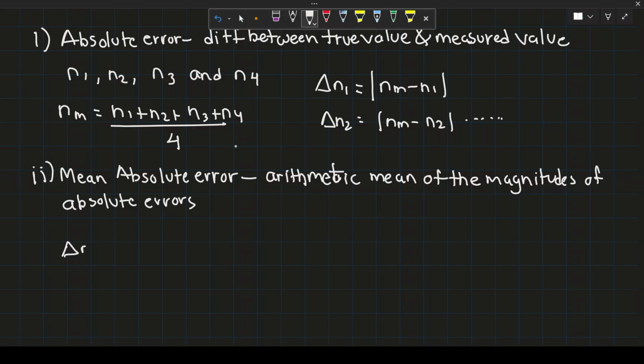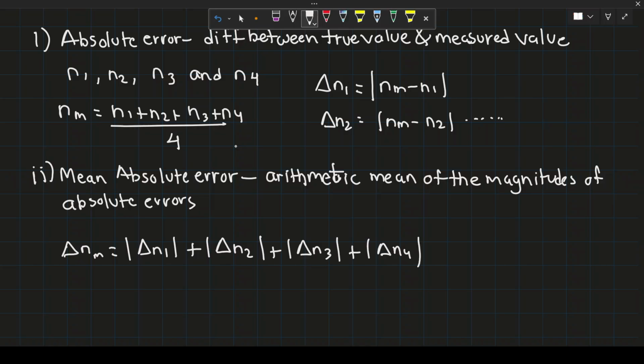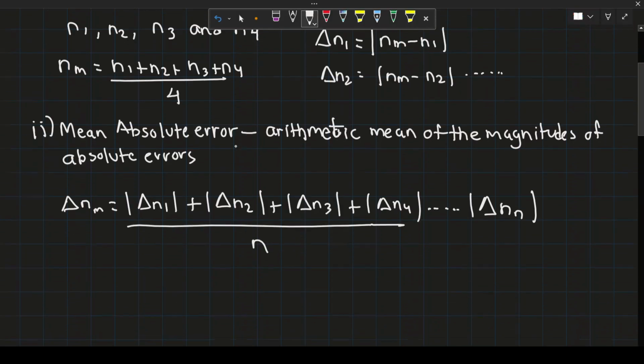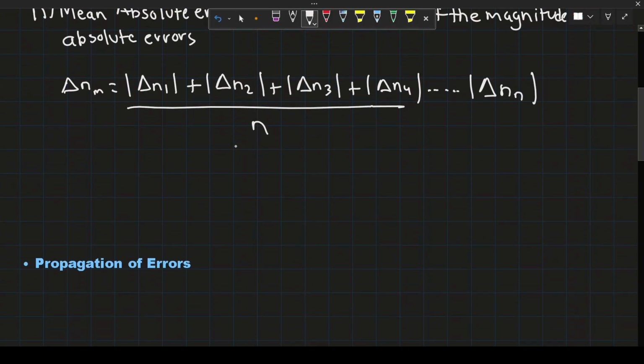So delta n mean would be delta n1 plus delta n2 plus delta n3 plus delta n4 and so on, upon n. And the result would be written as n equals the mean value of n plus or minus delta n mean.